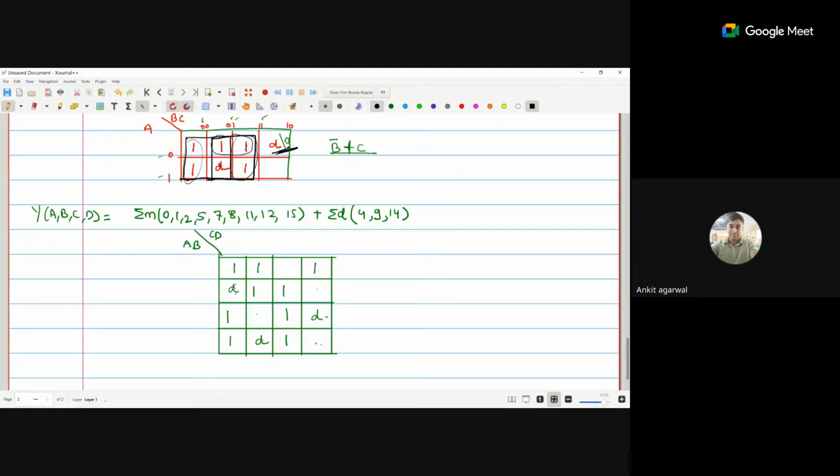If you consider this D, we can create a group of 4. Okay, if you consider this D, we are creating a group of 4.